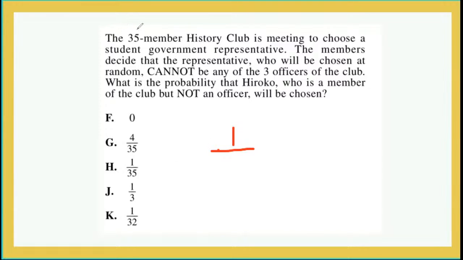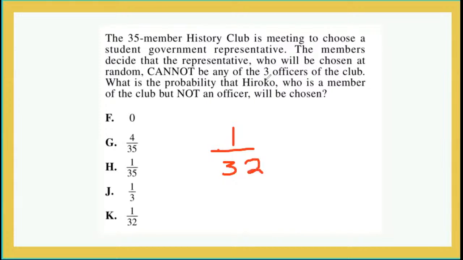Well, there's 35 people, but then it says it can't be any of the officers, it can't be any person that's already in office. So we want to do 35 minus the 3 officers. That'll leave us with the total possibilities we'll have. 35 minus 3 is 32.